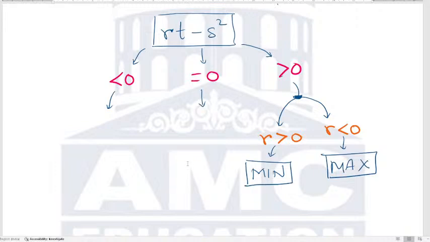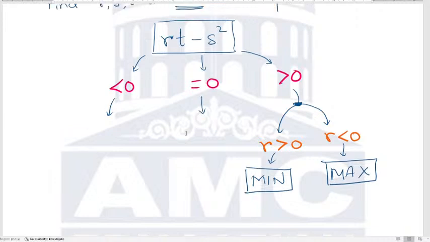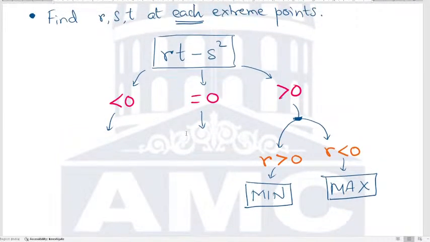So what we're doing is identifying various methods, various tests, to check whether an extreme point is a maximum or minimum, or whether there is a saddle point, or whether we need some other methods to examine the type of the extreme point.